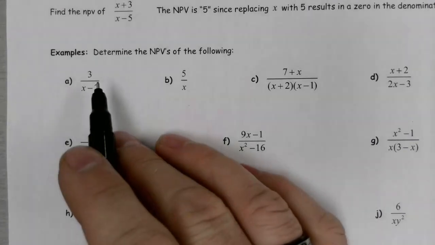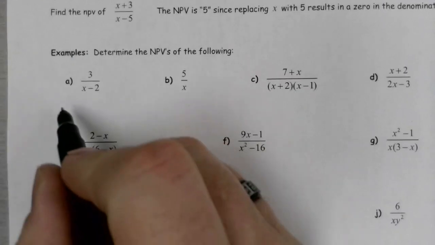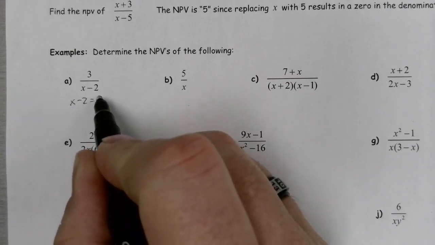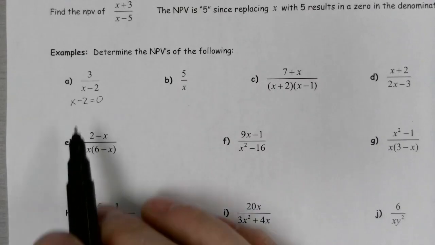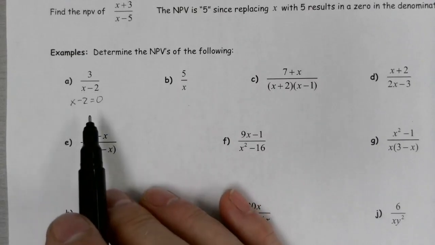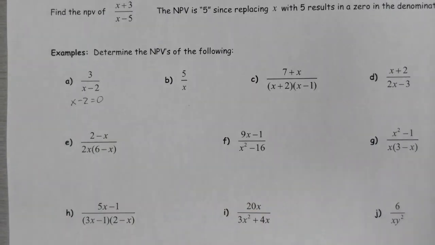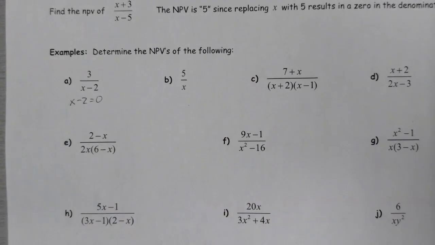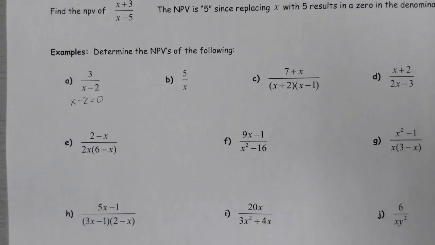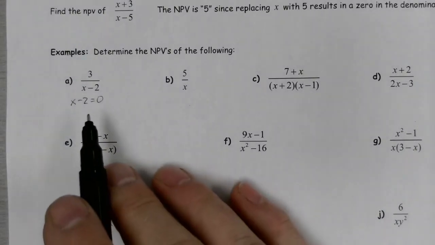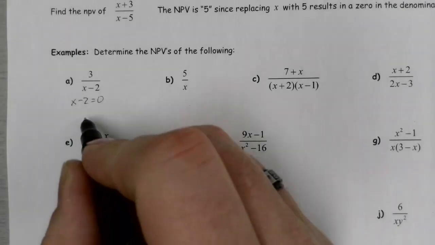So now let's go through and take a look at some of these. For example, in this rational, 3 over x minus 2, my issue here is I do not want the denominator to go to 0. So I'm going to set it equal to 0 to figure out what the problem is. Now I'm going to bring that 2 over.